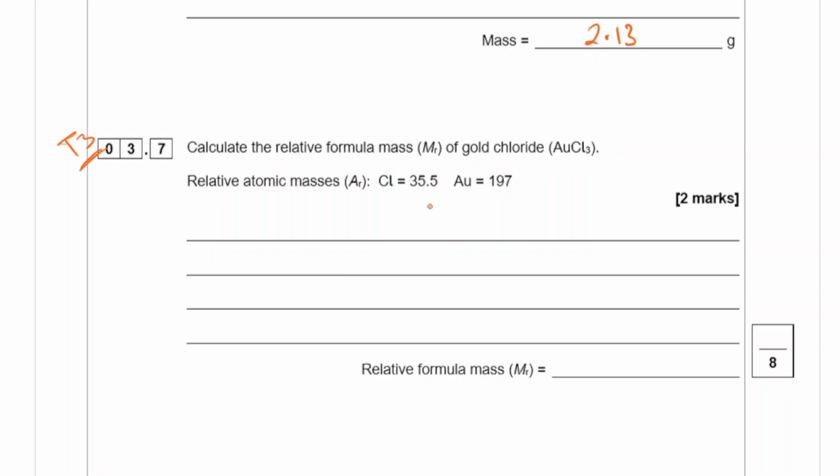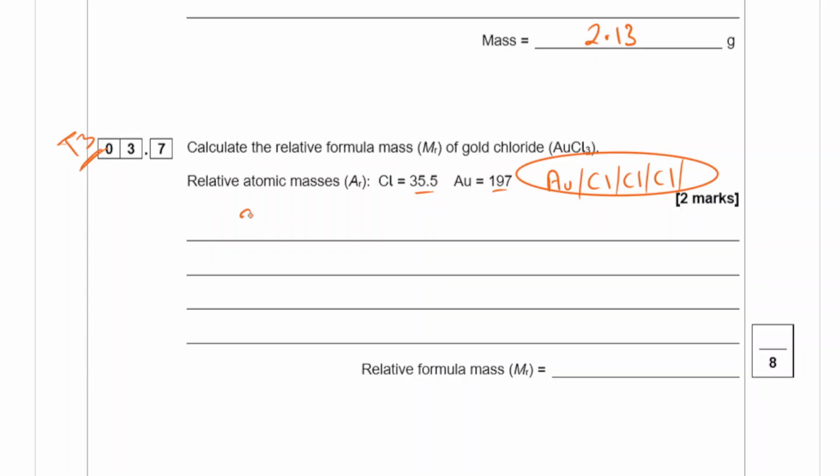Calculate the relative formula mass of gold chloride. You've got AuCl3. This small 3 basically means you've got 1 atom of gold and 3 atoms of chlorine altogether. So they want the total mass of the entire thing, and they've given you the mass of chlorine is 35.5, gold is 197.